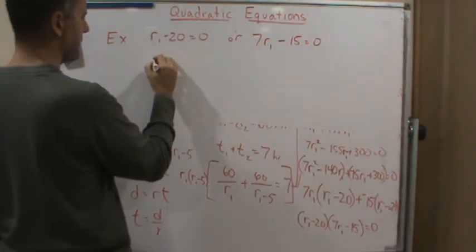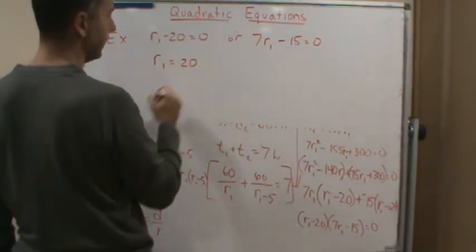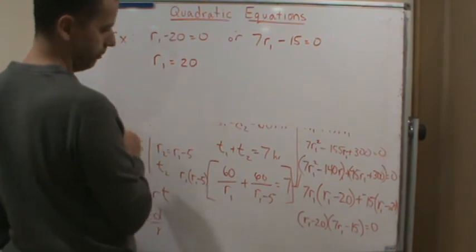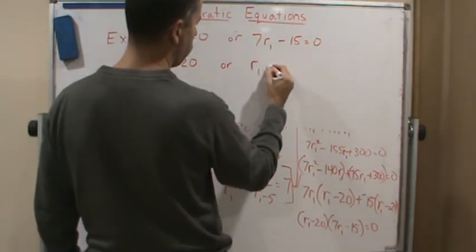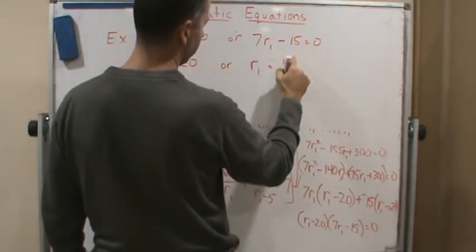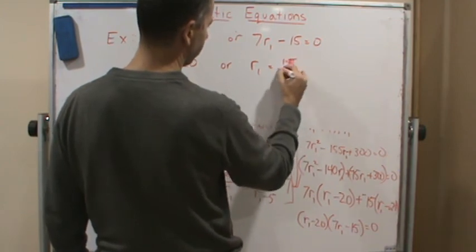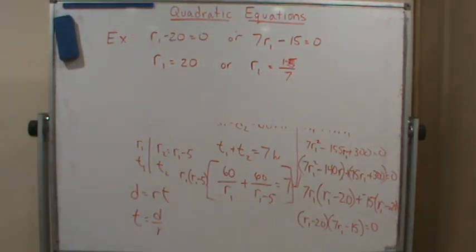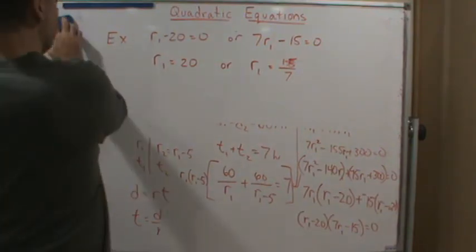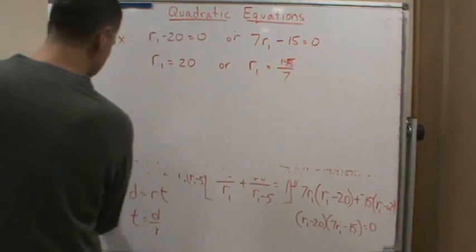And so this tells me that R1 equals 20, or R1 equals 15/7. Okay, so now that's what we have.